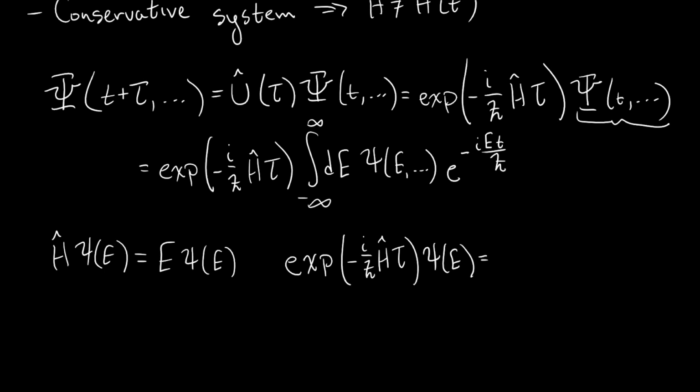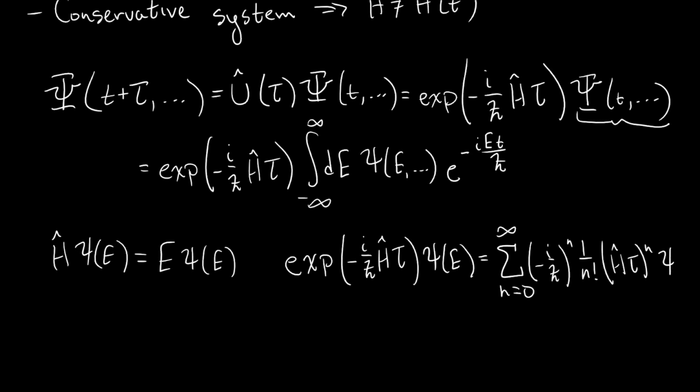you can see that this is just going to be a product of a whole bunch of H's, right? So this is a sum n equals 0 to infinity of minus i over h bar to the n, 1 over n factorial, H hat times tau to the n acting on psi of E. And now I just keep acting and acting and acting with my H hats.